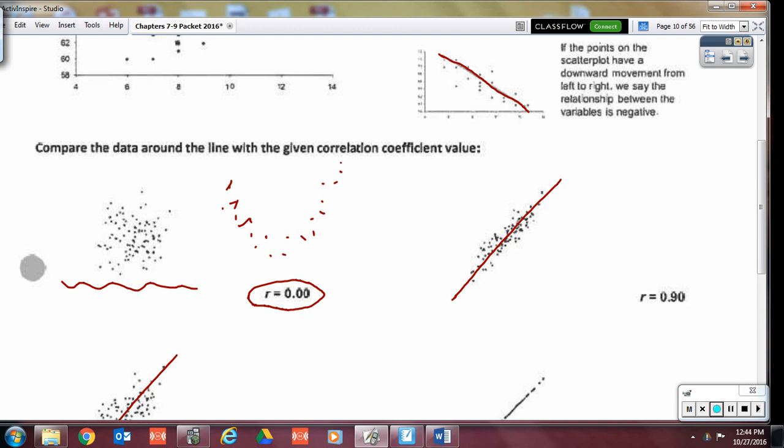The point is, if R is 0, there is no linear relationship. There could be a beautiful quadratic relationship, but there may be no linear relationship. So that's kind of a little sneaky word that has to be in there.